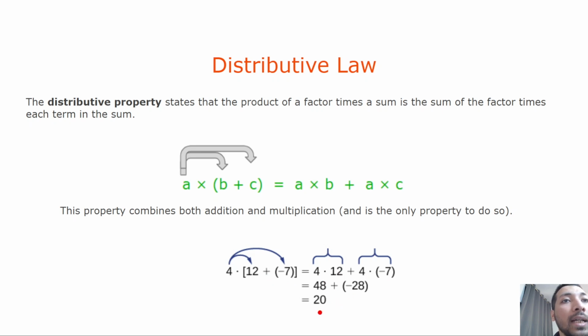So if we add, it's 20. Now, if we don't do this distribution, let's see what we get. 12 plus negative 7 is 5. So 4 times 5 is 20. This shows that both steps give the same answer.